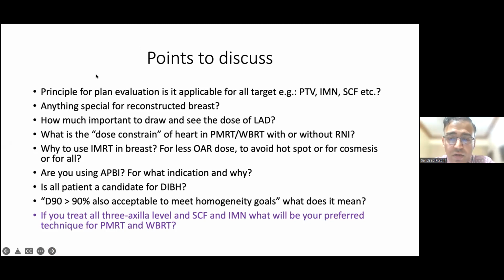If we take 3 mm slices, and 2 or 3 slices show a hot spot or cold spot, then we usually don't follow that plan. And for 90% coverage, if it is 1 or 2 slices, then it is acceptable to us. But most of it should be between 95 to 105. By homogeneous, I mean it should be between 95 to 105, sir.